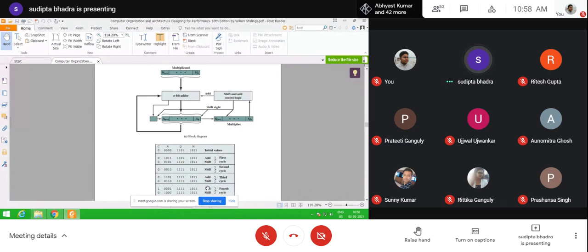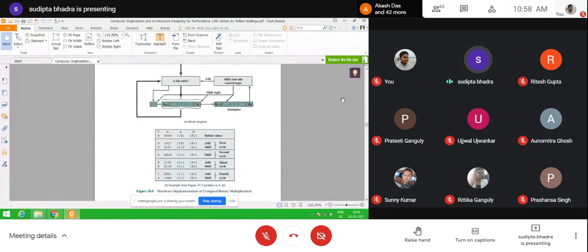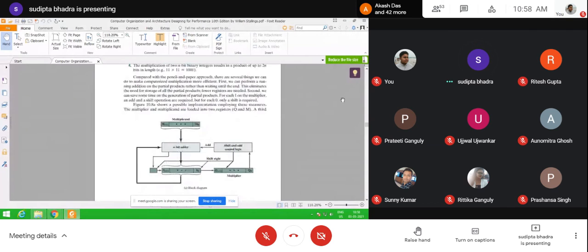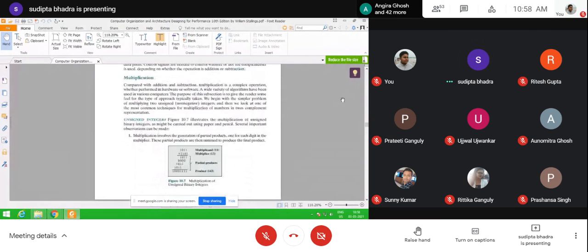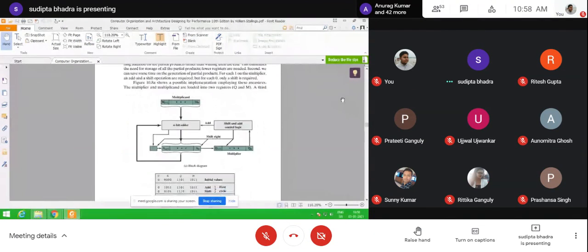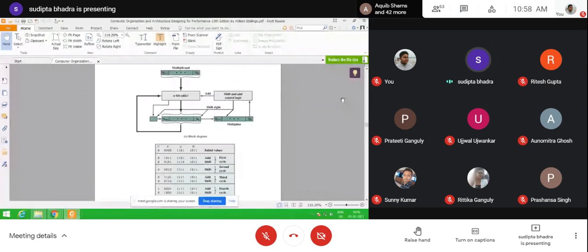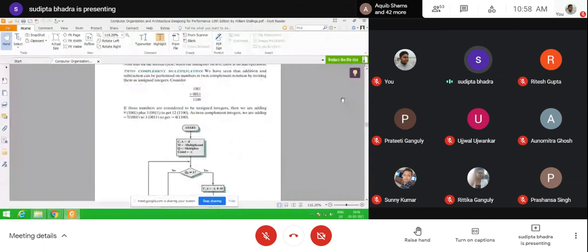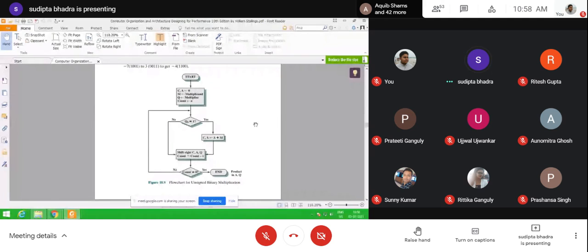So this block diagram and this flow, if we see the flow chart, this is the flow chart. This flow chart is applicable only for unsigned binary multiplication.